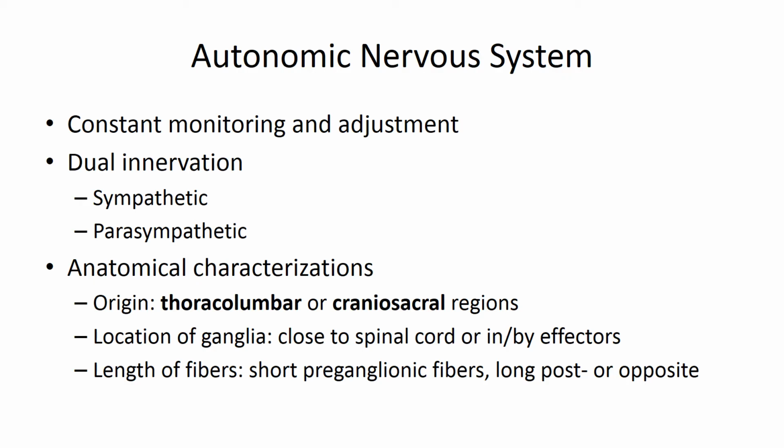The sympathetic fibers originate in the thoracic and lumbar regions of the spinal cord and are sometimes referred to as thoracolumbar. Parasympathetic fibers originate in the cranial and sacral regions of the spinal cord and are sometimes referred to as craniosacral.